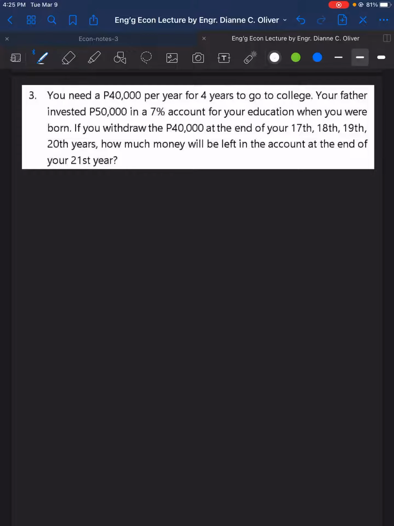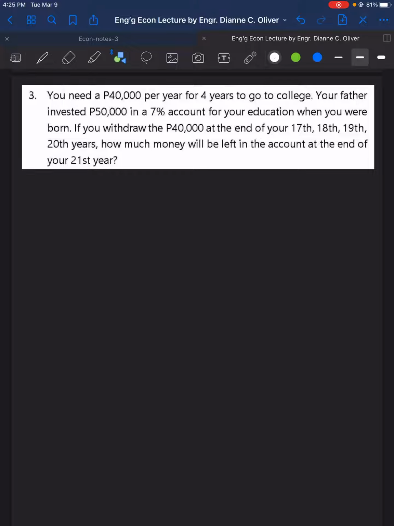If you withdraw the 40,000 pesos at the end of your 17th, 18th, 19th, and 20th years, how much money will be left in the account at the end of your 21st year? So actually this problem is kind of tricky, but let's try to solve it one by one. Okay, so you need 40,000 per year for a 4-year college course.